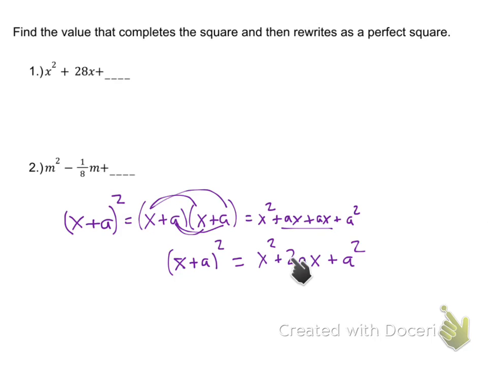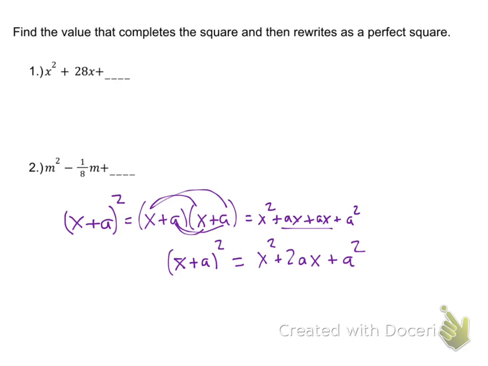Wait a minute. I'm going to pick this up right here, and I'm going to rewrite it underneath my trinomial up here. That's a trinomial. Guys, does anybody know the name of that trinomial? Perfect square trinomial. And if I can realize I have a perfect square trinomial, I can write it as a square binomial.